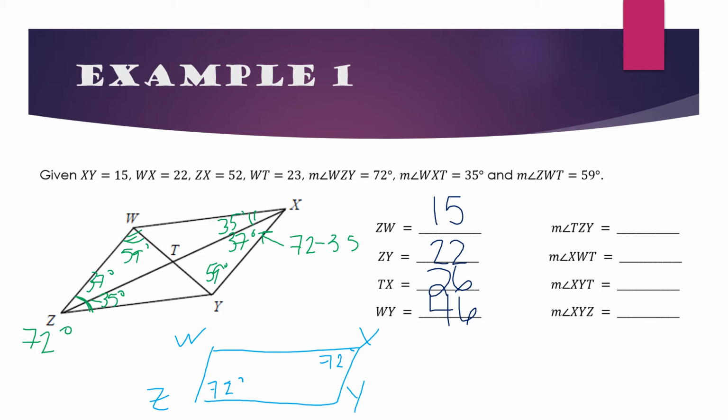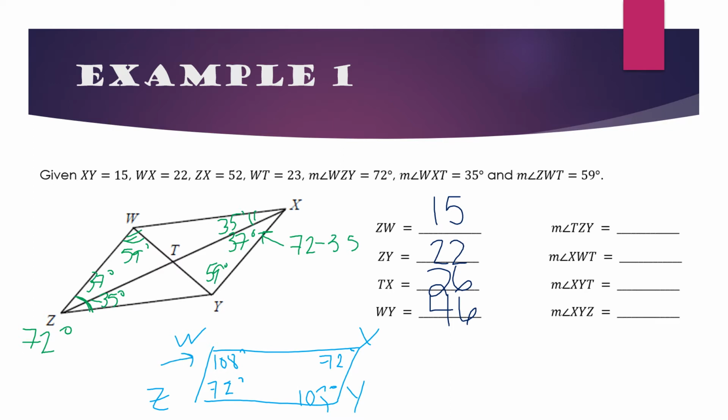But W and Y are going to be supplementary to X and Z. So W and Z together have to be 180. So if I do 180 minus 72, I'm going to get that angle W is 108, and so is angle Y.